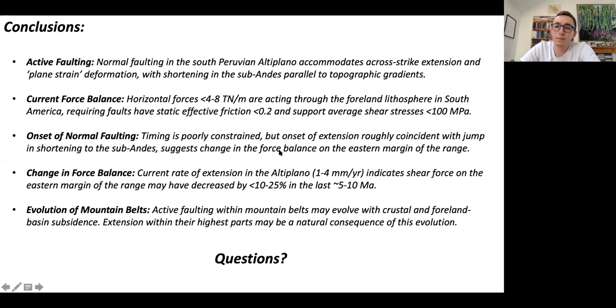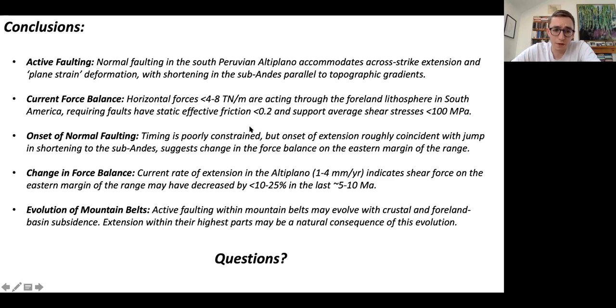I think the paleoaltimetry work is a really interesting avenue to try and couple with the timing of the onset of extension within some of these normal faulting basins, because that might tell us more about whether uplift happened before these normal faults started, during the motion on the normal faults, or after. Because you'd expect with lithospheric foundering that with uplift you would get the onset of extension.